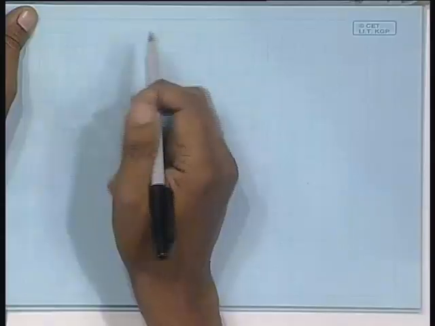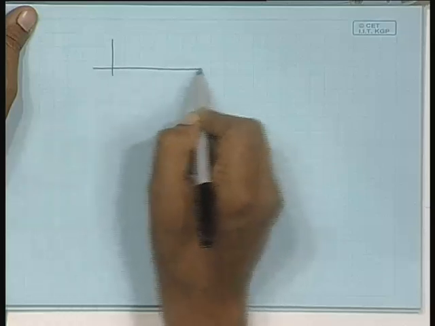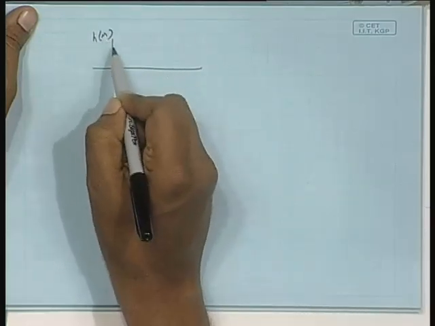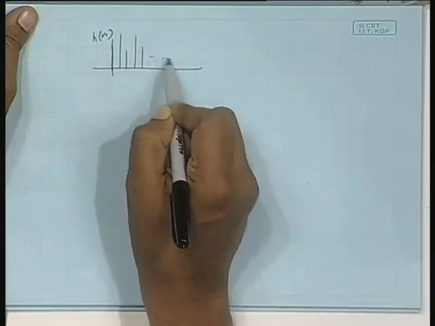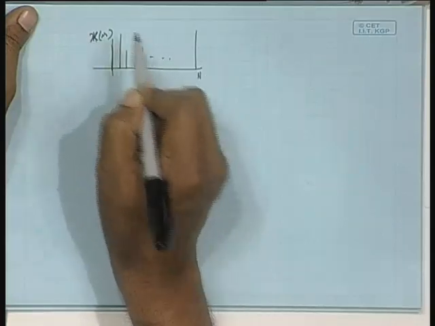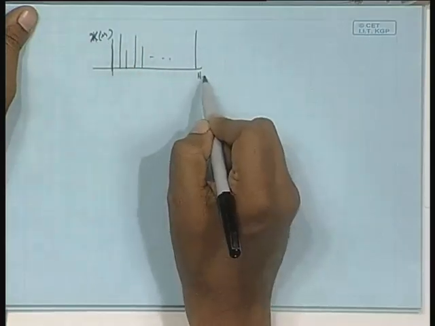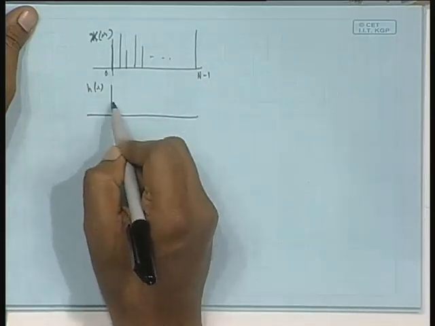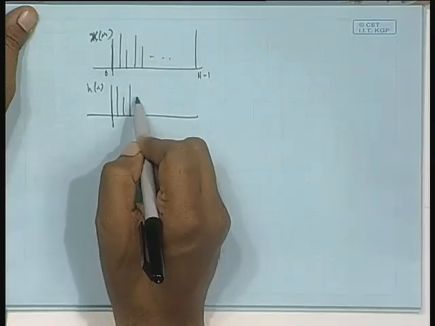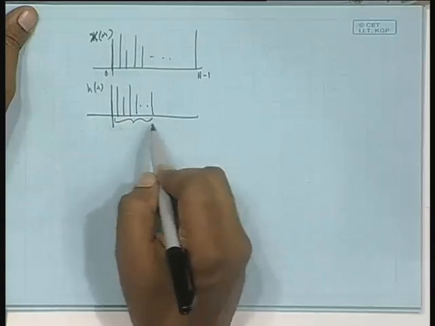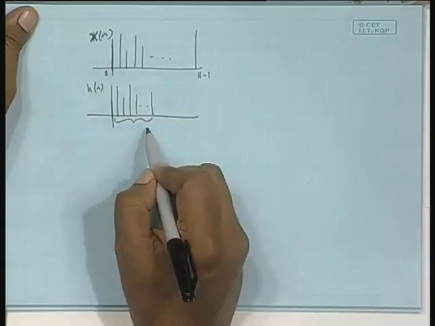So, what will I get? That is the question. Suppose I have a situation like this: say h r, say x r, the input I always take to be bigger, and this h fellow up to this, length n, length m.